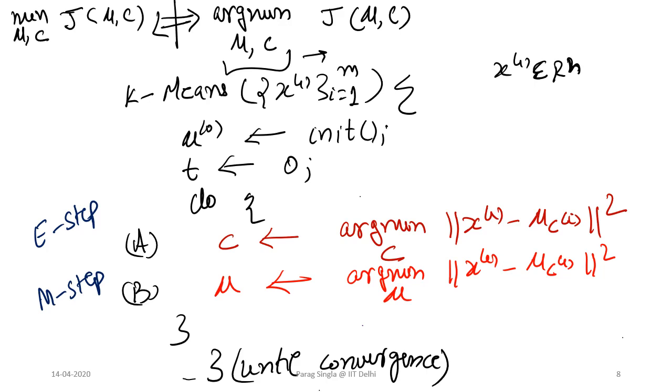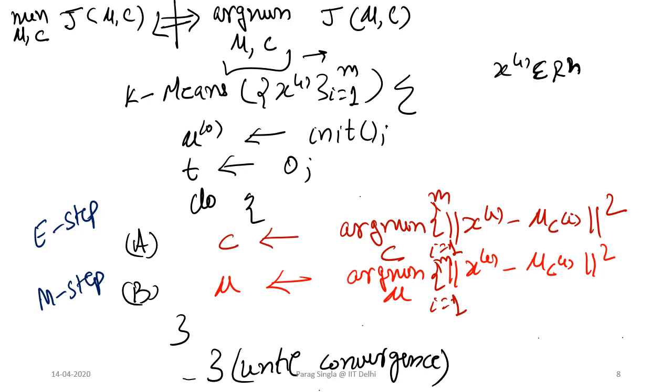So what is it saying? That given the current set of parameters, give me the cluster assignment which is the best in terms of minimizing my optimization metric, which is x_i minus mu_ci. And in fact, very important, I again forgot to put this sum here. So this is step A, which is finding the cluster assignments given the mu's, using the expression that we saw on the previous page.